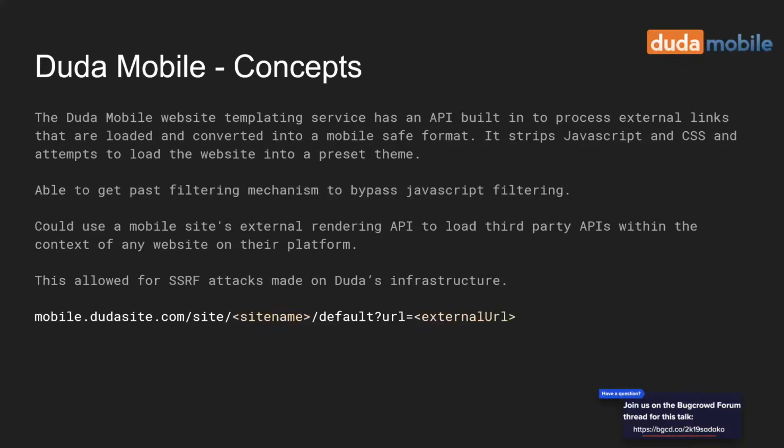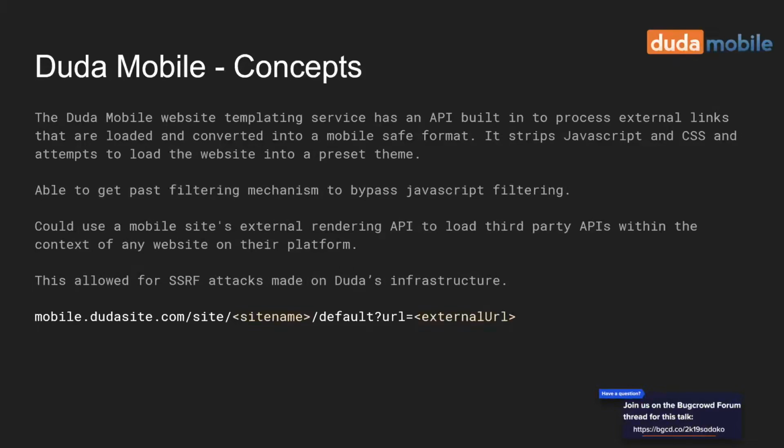So right off the bat, in testing this, I was able to get past the filtering mechanism and bypass JavaScript filtering with onload directives and image tags. But I could also access the mobile site's internal rendering API to load other APIs within the context of this website on their platform, or any website on their platform.